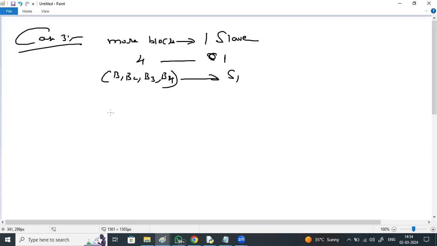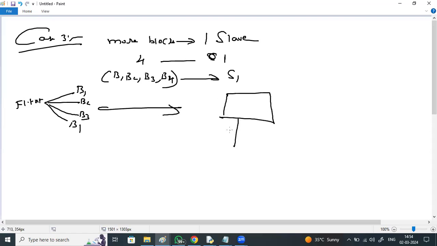Only one slave, S1, right? You got f1.txt. Assume it got divided into 4 blocks, B1, B2, B3, and B4. How are these 4 blocks stored in the single slave, with one master and one slave?